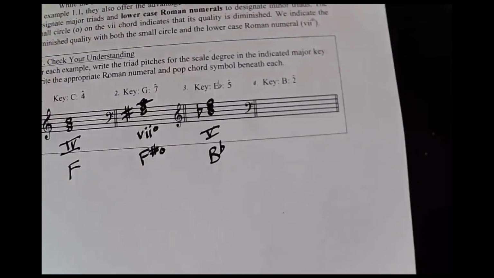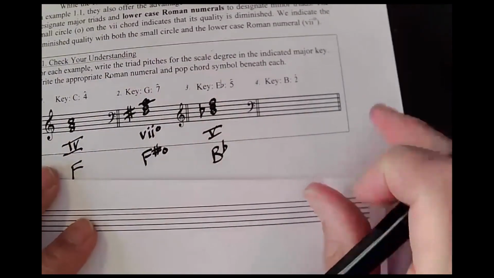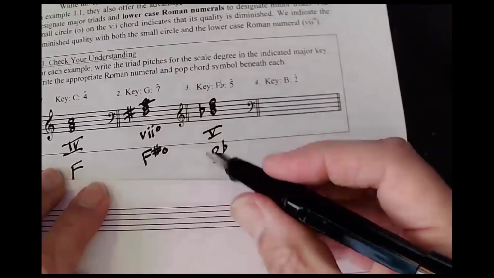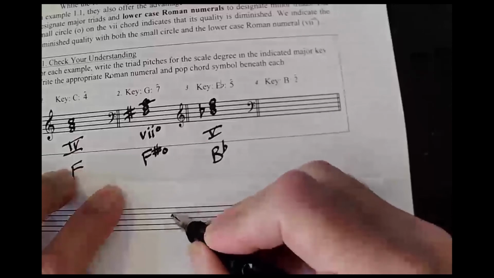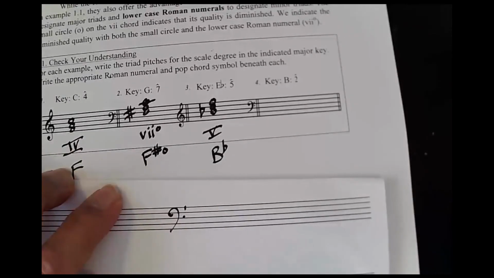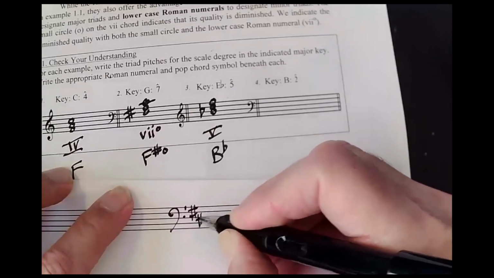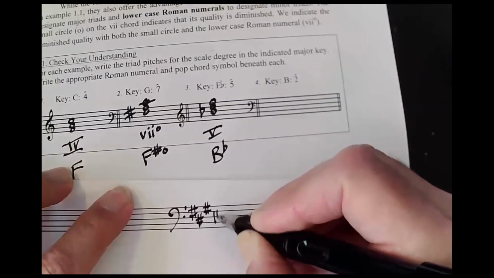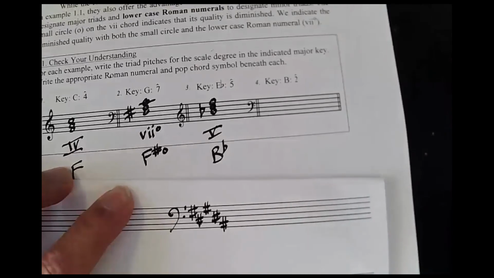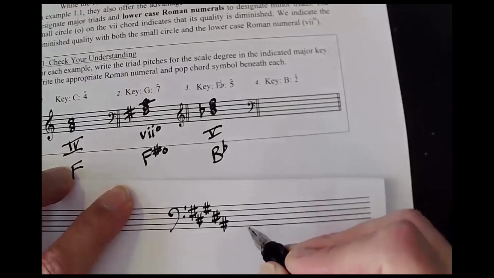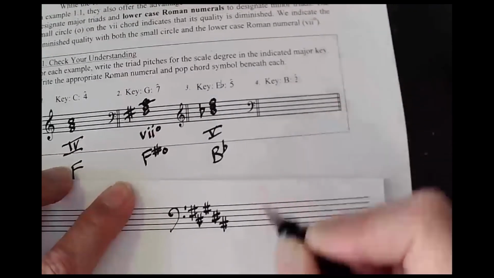So the last one I'm going to do is the key of B, scale degree number 2. So I will write a bass clef, and I'll write the key signature for B, which is 5 sharps. Father Charles goes down, and then I go to the 2nd note because it asks for 2.